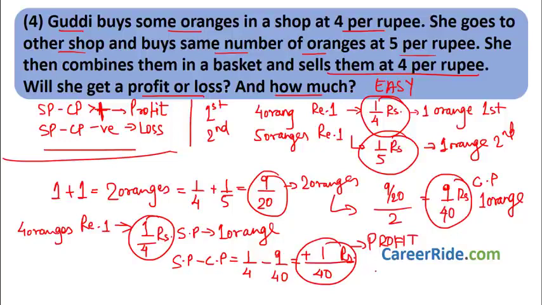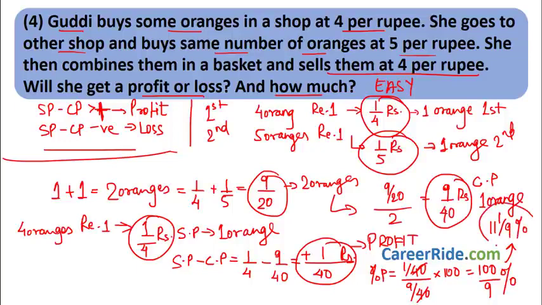What we have seen, percentage profit is nothing but profit in rupees divided by cost price into 100. 40 gets cancelled. She gets 100 upon 9% profit. You can convert this into a mixed fraction also. It would be 9 11s are 99, 11 and 1 upon 9%. So she gets this percentage of profit. See, we solved this sum not with formulas or anything, we solved it with common logic.